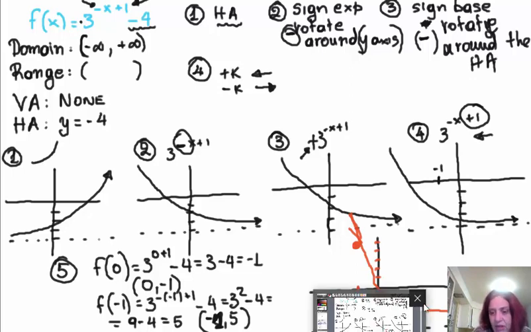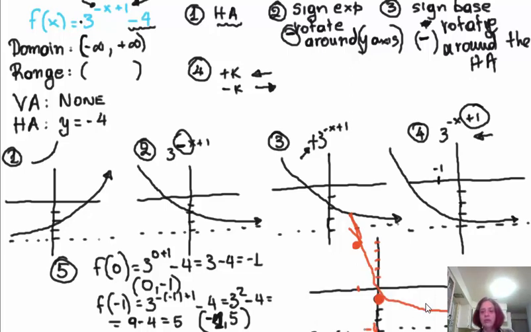Okay. Now, the next thing that I want to do is to make sure that I find the range. As you can see right here, all the points from negative 4 on the y-axis and up to positive infinity are possible y-coordinates for the points of the curve.